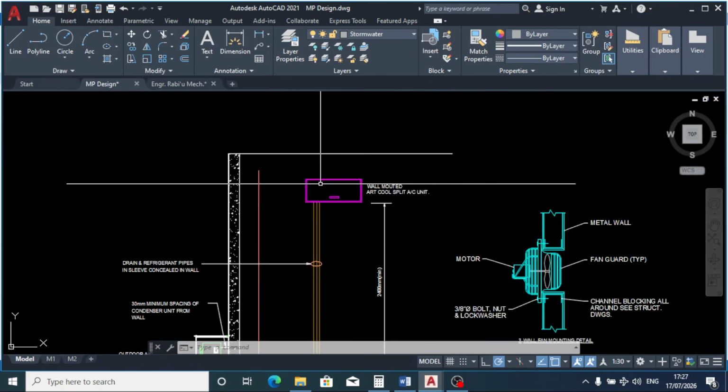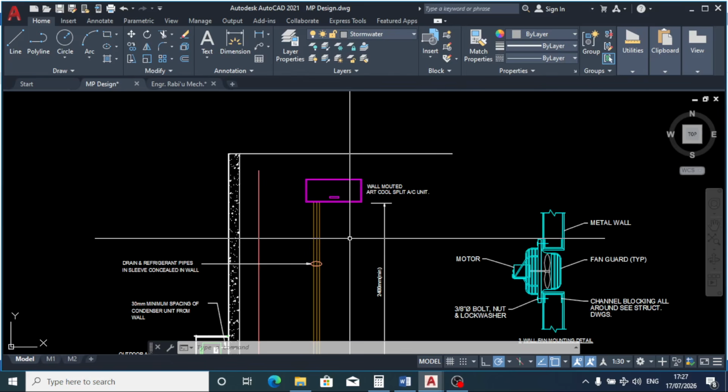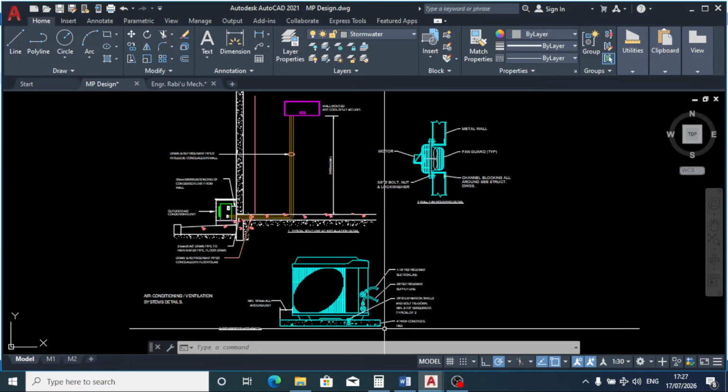If you make it lower than this, that is, if you bring it too low, the occupants will be exposed to direct chilled air, which might cause cold and will be uncomfortable for the occupants. So 2.4 meter height is okay. That is that.